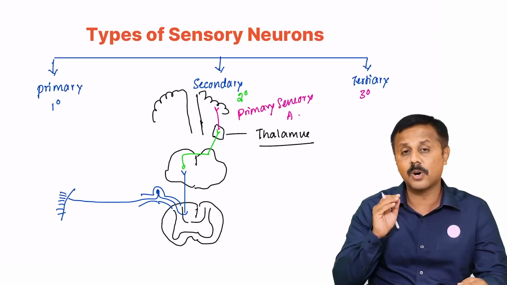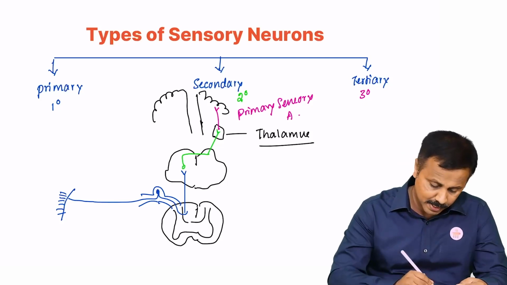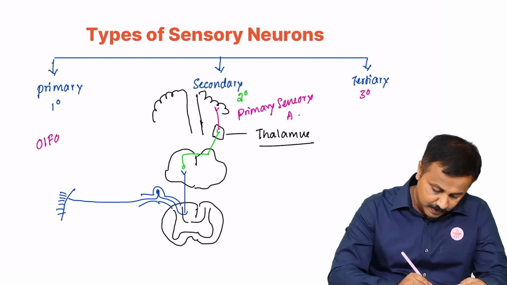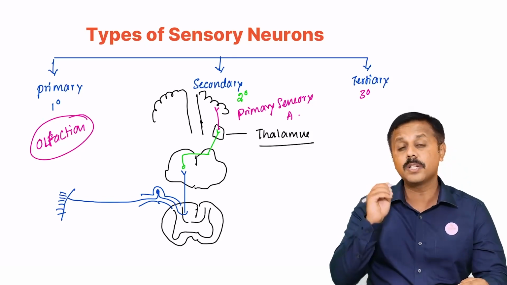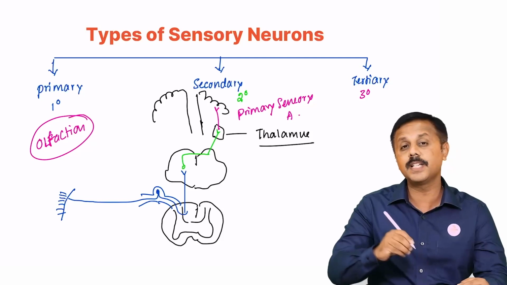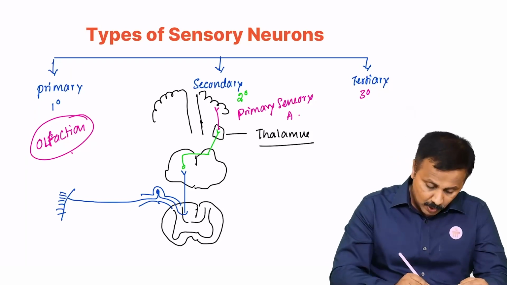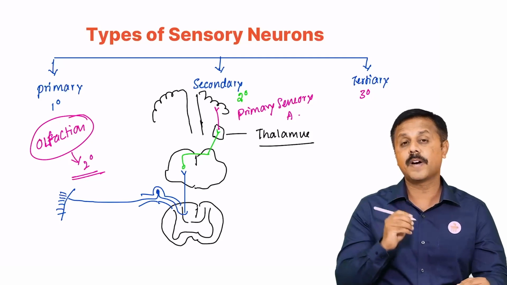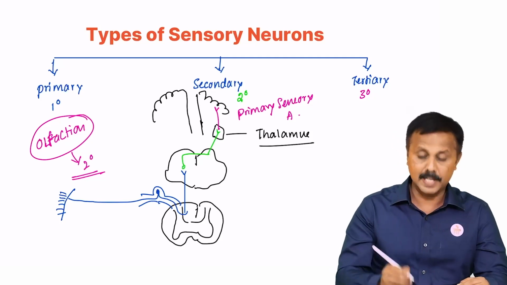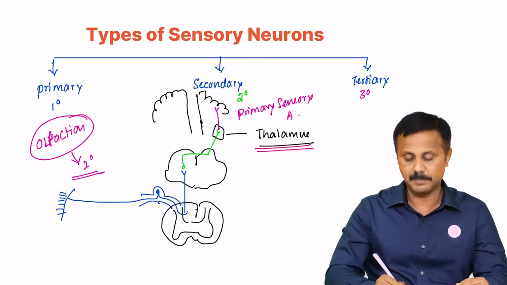Remember, except olfaction, all sensory neurons will have these three orders of neurons. Olfaction will have only two orders of neurons because olfaction is the only sense that never gets relayed to thalamus.